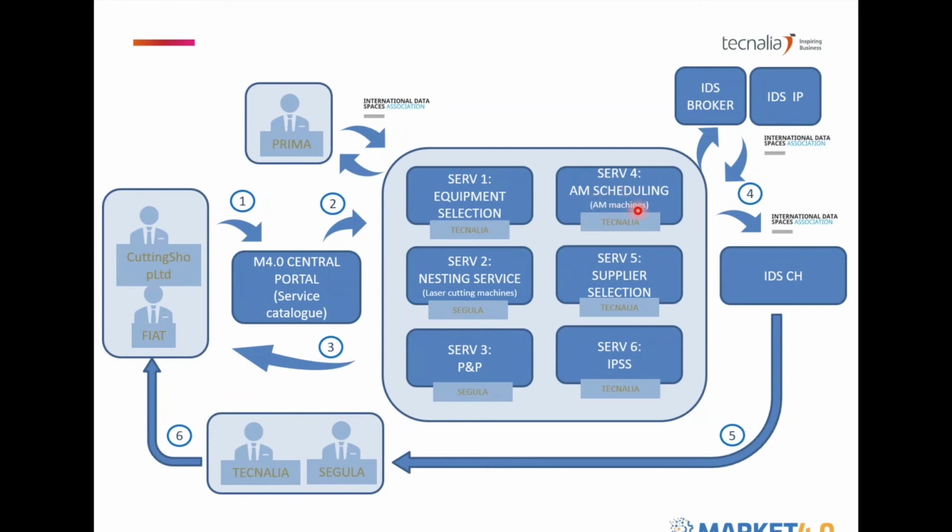For example, additive manufacturing scheduling is a service that identifies the best additive manufacturing process to manufacture a certain part, or nesting service calculates the number of products that can be placed in a plate for a certain laser cutting machine, etc. So when the service provides a solution to the customer, the service also sends information to the IDS clearinghouse.